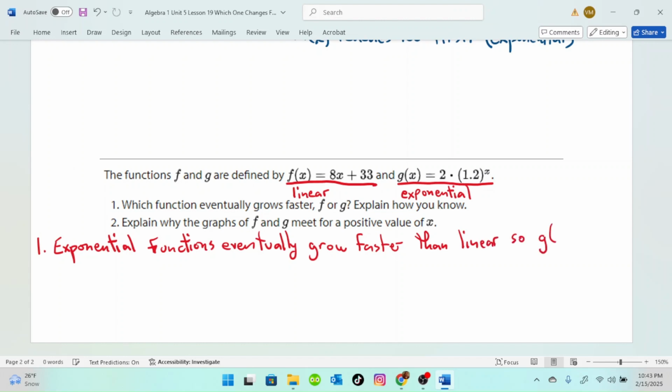So g of x eventually grows faster than f of x.